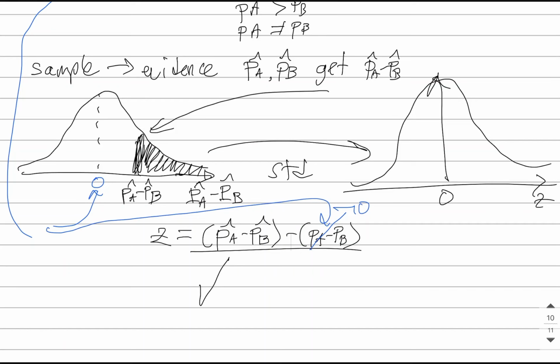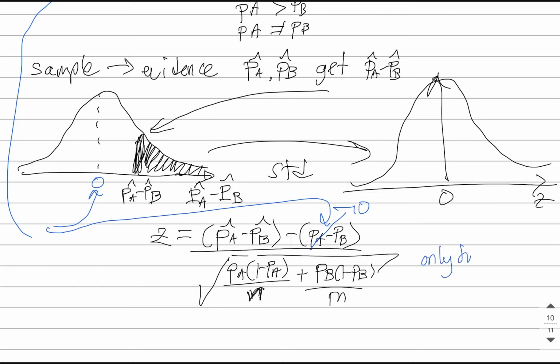And then what we need to do is divide by the standard error. Now, the standard error makes use of hypothesized values. The issue is we don't have individual hypothesized values. We only have that PA equals PB. And so if PA equals PB, let's just call it P for now.